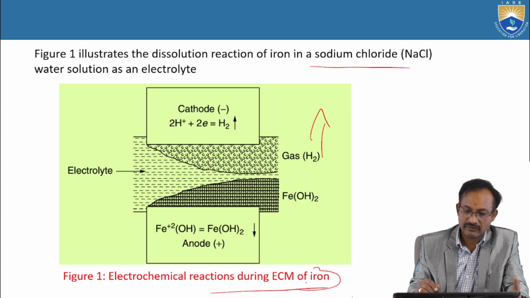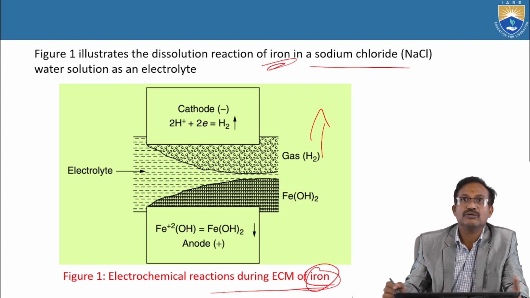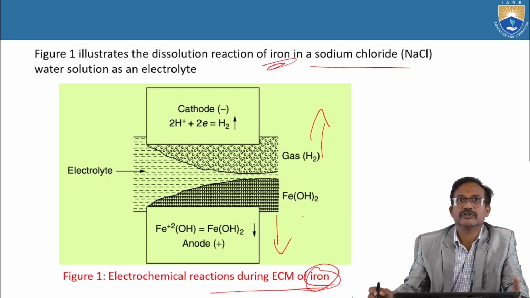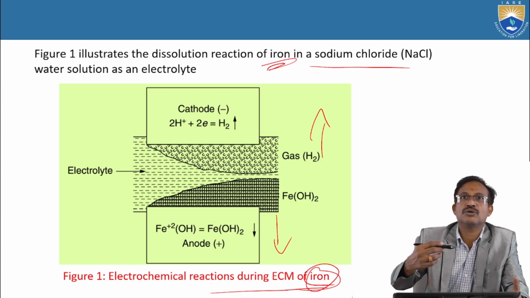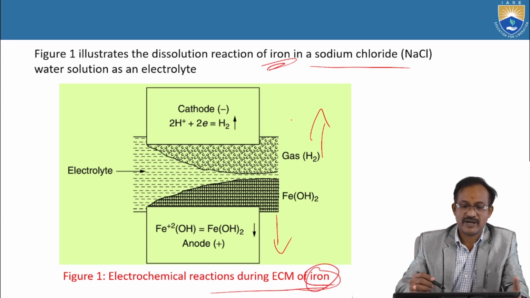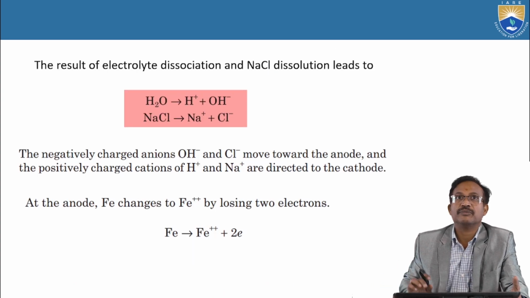For iron, Fe plus 2OH- gives Fe(OH)2, and that goes down. So these two are going in opposite directions: hydrogen gas is going up and Fe(OH)2 is coming down to the workpiece.